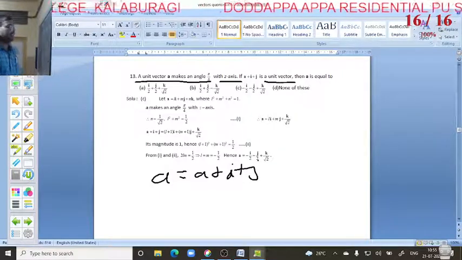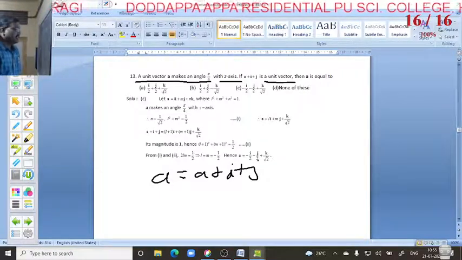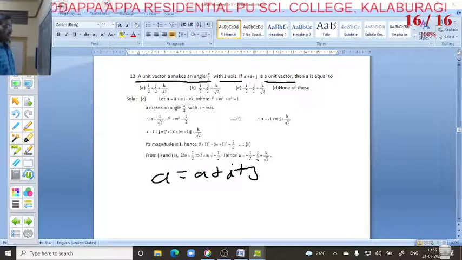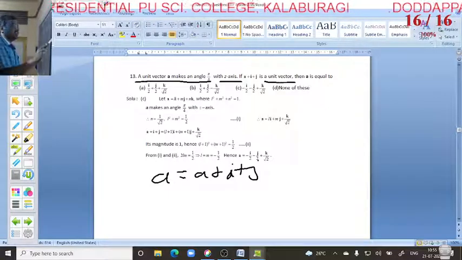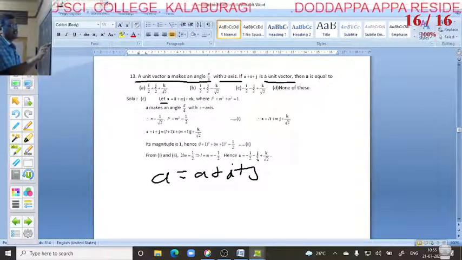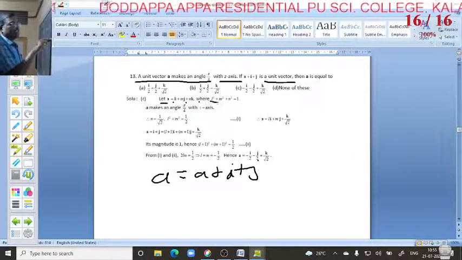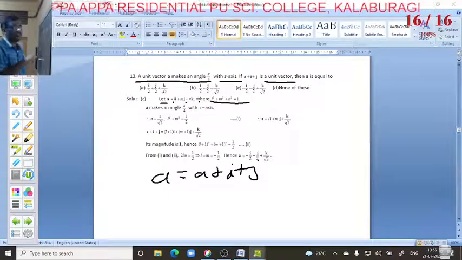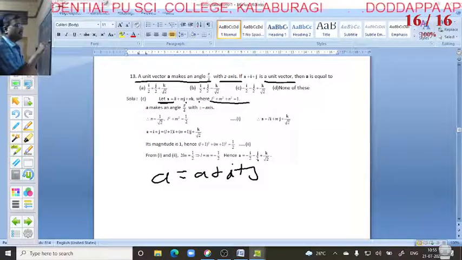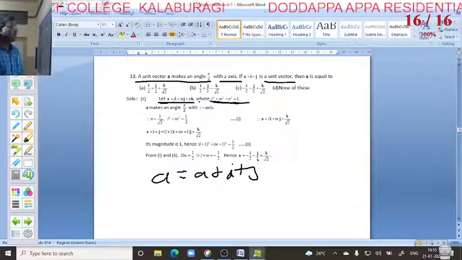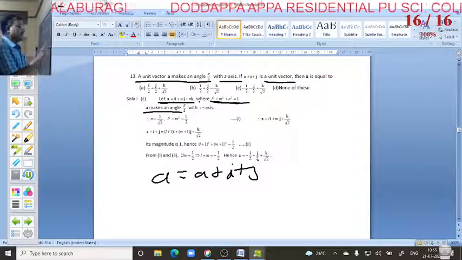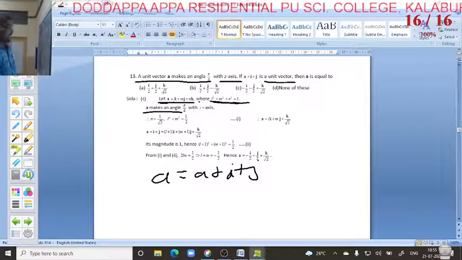A unit vector is given and the angle is given. First take vector A equal to li plus mj plus nk, where we know l square plus m square plus n square is equal to 1. Afterwards, what is given? It makes an angle pi by 4 with the z axis.